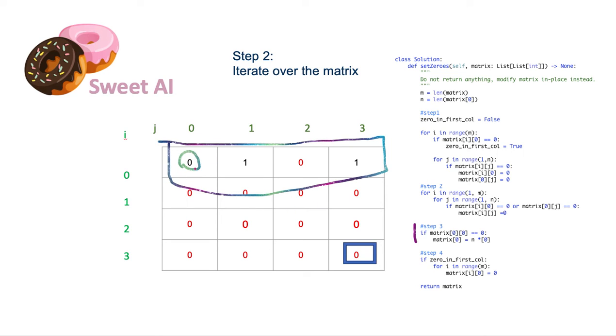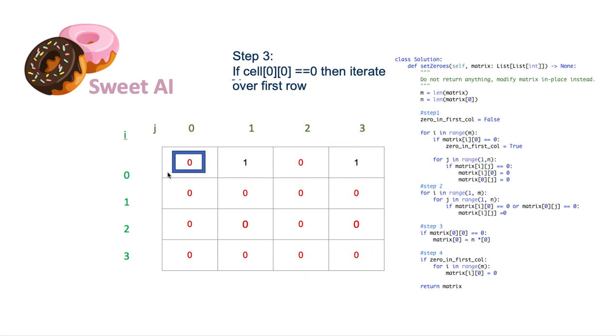This is the only common element that we have here, and we are going to check that, and it's equal to 0. So we are going to multiply 0 by n, where n is the length of the first row of the matrix. So we are going to iterate over this and set all to 0.